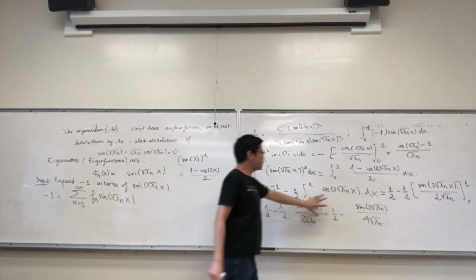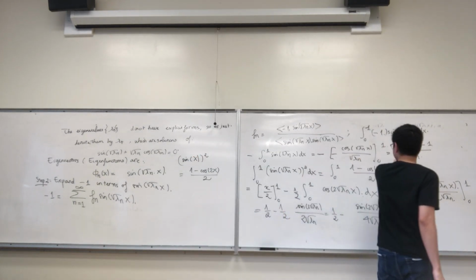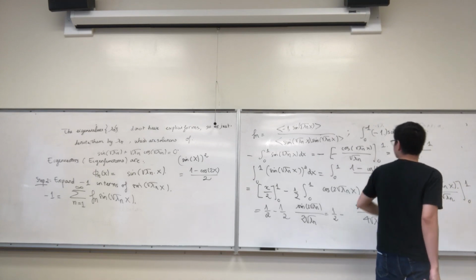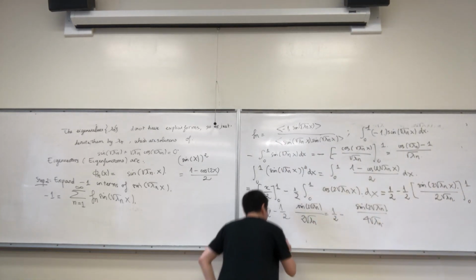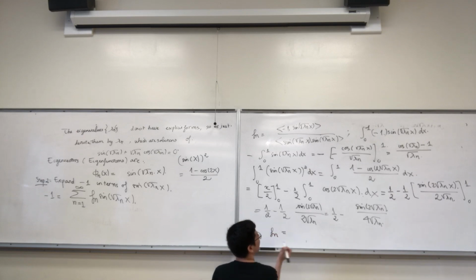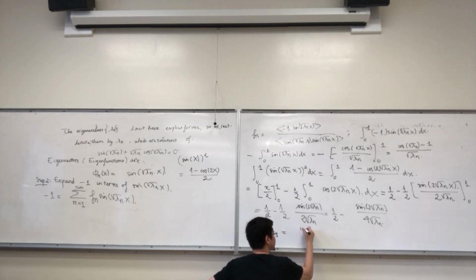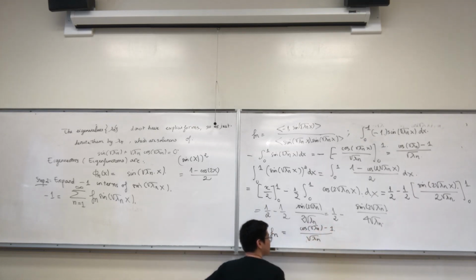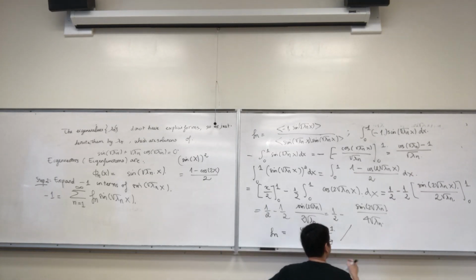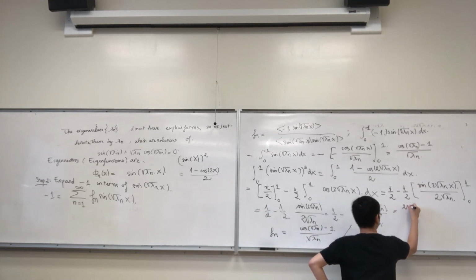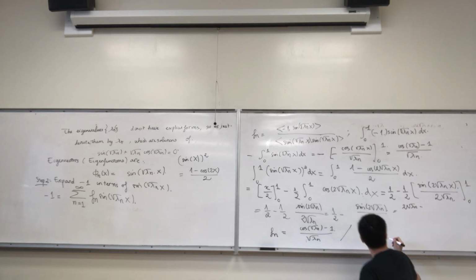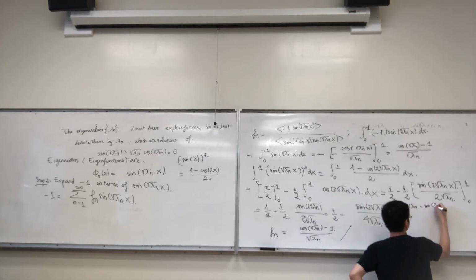So now I combine this formula and this formula. I'm going to have Fn equal to cosine of square root of lambda n minus 1, divided by square root of lambda n. And this is divided by 1/2 minus sine of 2 square root of lambda n divided by 4 square root of lambda n, which is 2 square root of lambda n minus sine of 2 square root of lambda n, divided by 4 square root of lambda n.